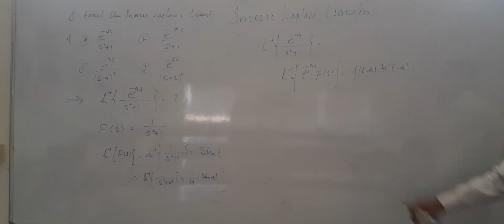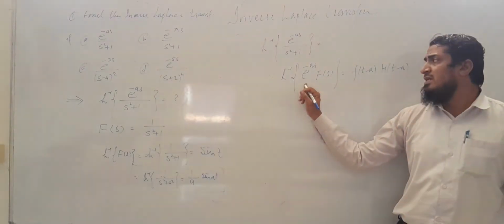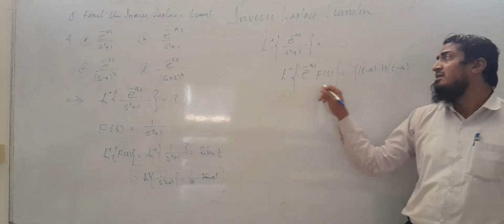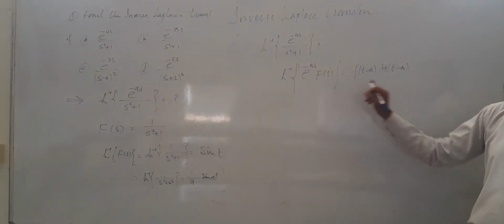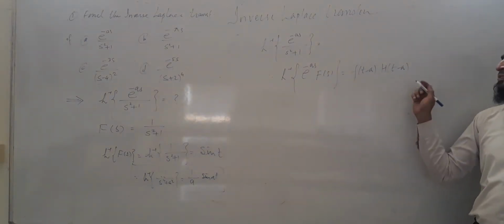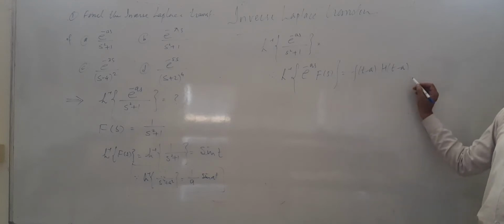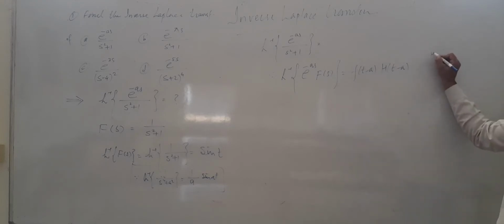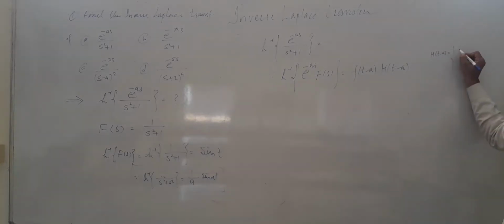We know this formula: inverse Laplace transform of e raised to minus as F of s is equal to F of t minus a into H of t minus a, where H of t minus a is equal to 1 whenever t is greater than a and 0 whenever t is less than a.